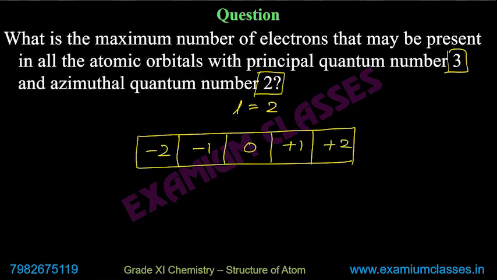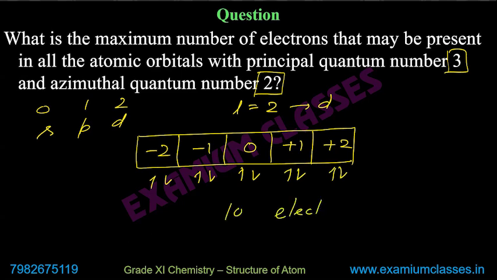You know 5 d orbitals were there. L equals 2 means d: 0, 1, 2, s, p, d. D has 5 orbitals. 5 orbitals will have how many electrons? 2 electrons in each. Total 10 electrons. Only d subshell is being considered here.